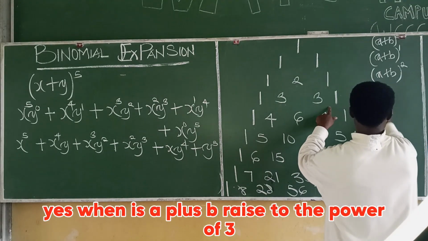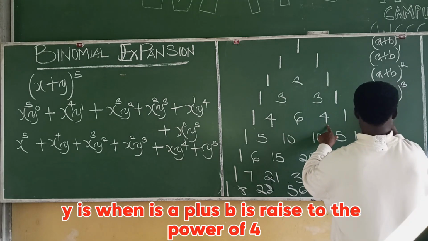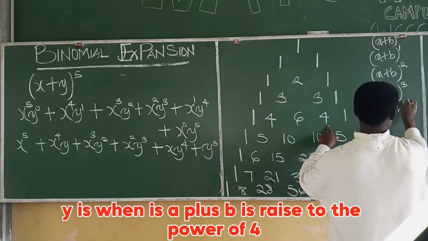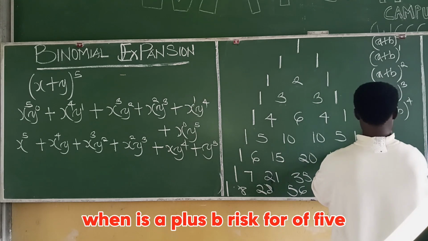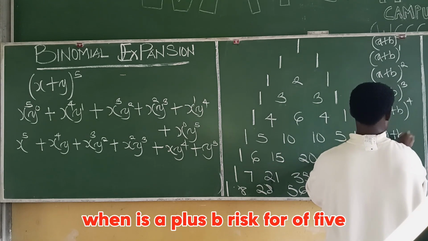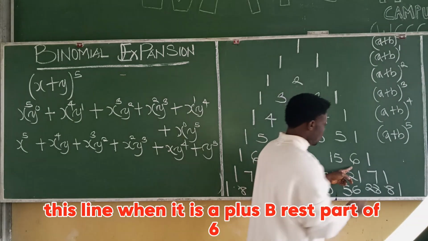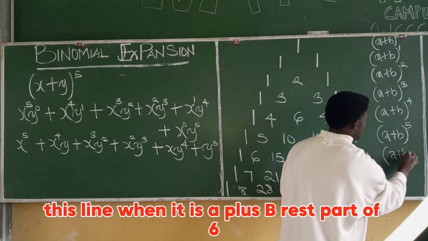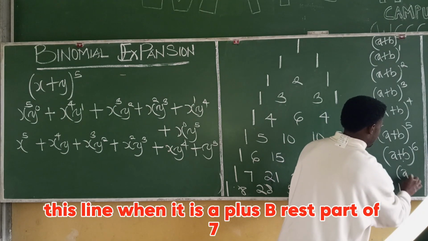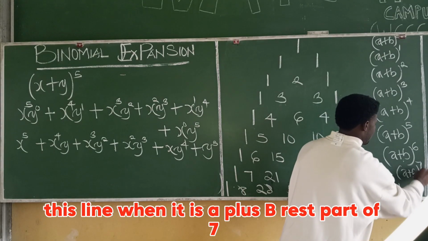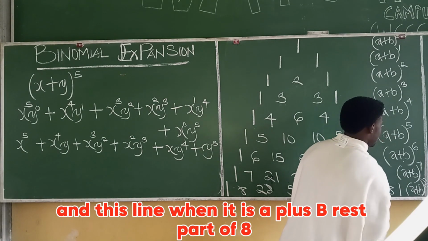This, when it is (a + b) to the power of 3, while this is when it is (a + b) to the power of 4, and this line is when it is (a + b) to the power of 5, this line when it is (a + b) to the power of 6, this line when it is (a + b) to the power of 7, and this line when it is (a + b) to the power of 8.